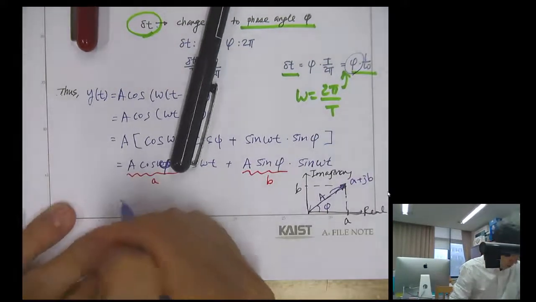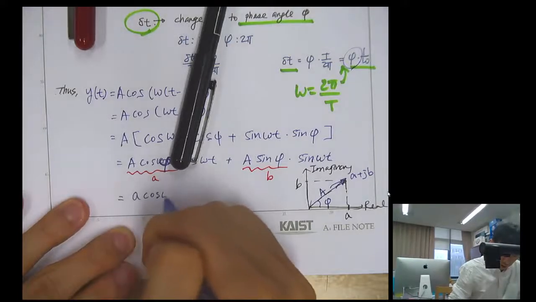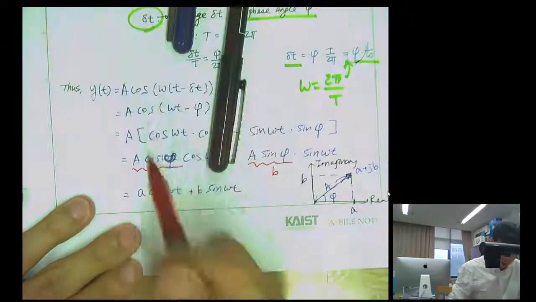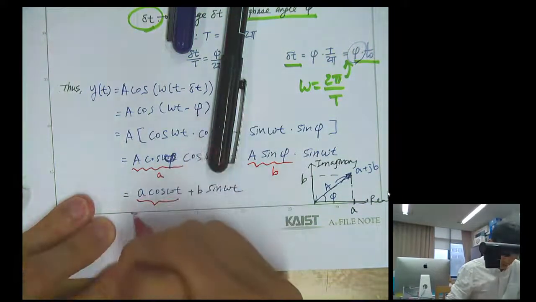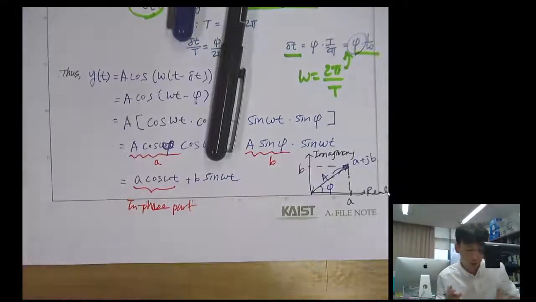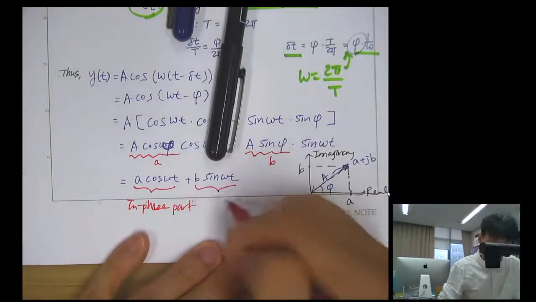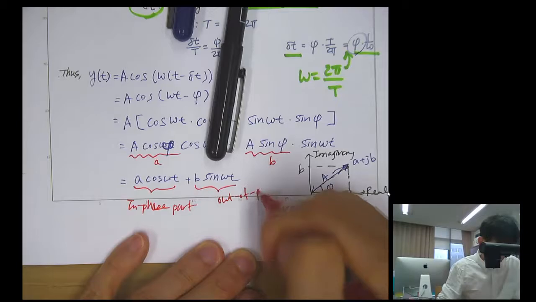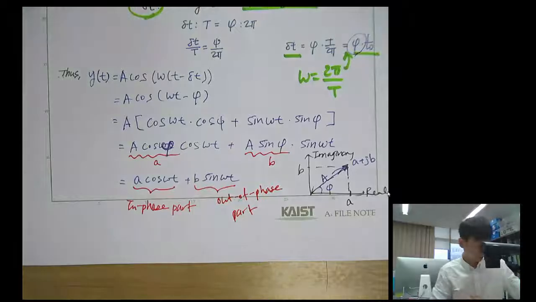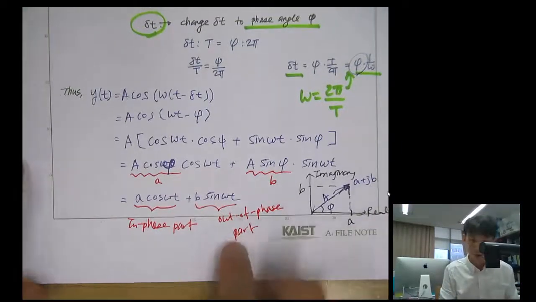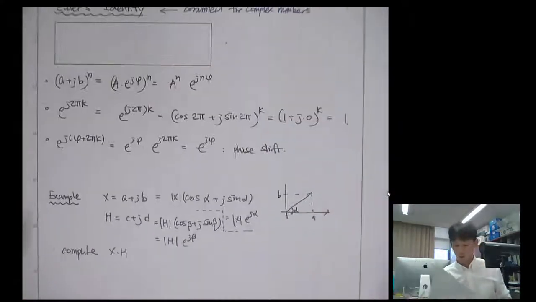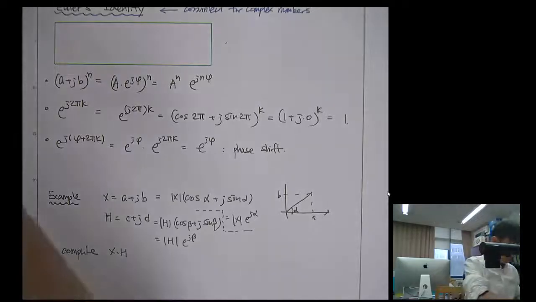So then we can express this as a cosine omega t plus b sine omega t, and we know that this part is the in-phase part, so it can be expressed in the real number term, and this is the out-of-phase part, so that's going to be the imaginary part. Then you can use Euler's identity.